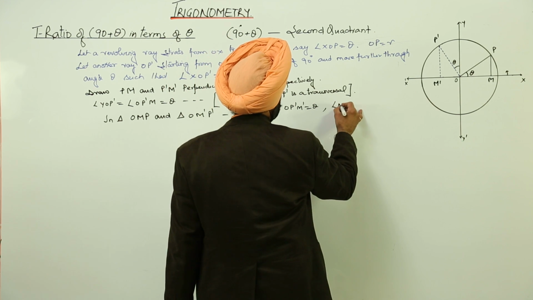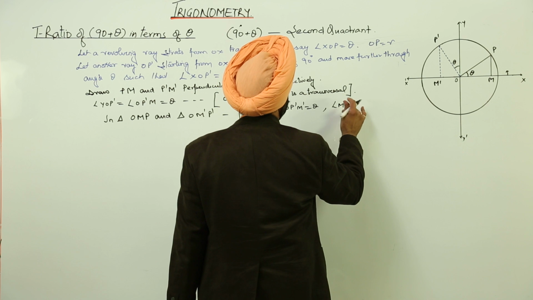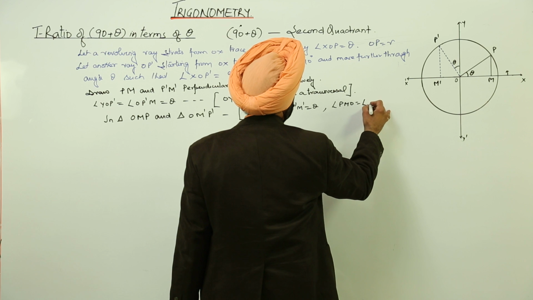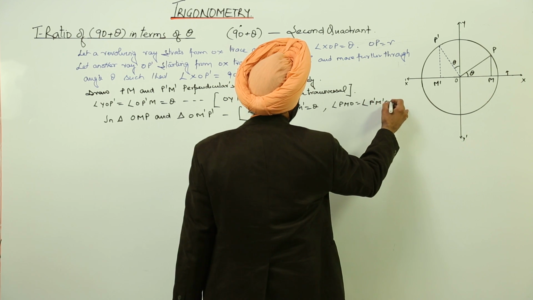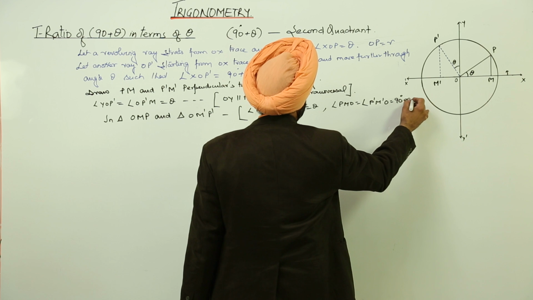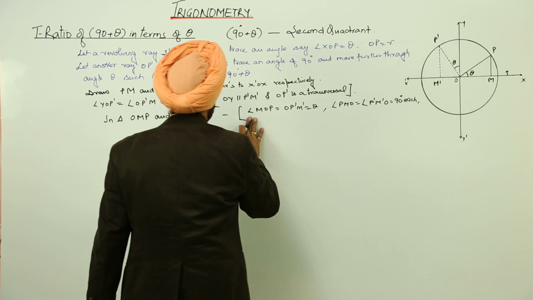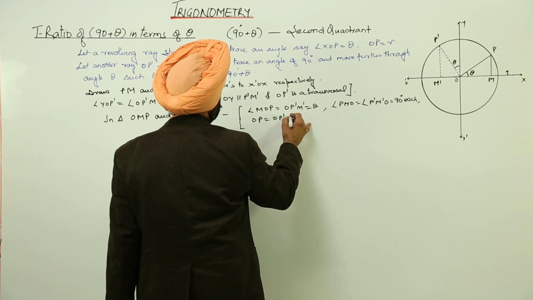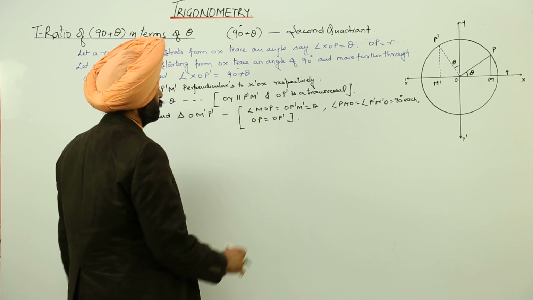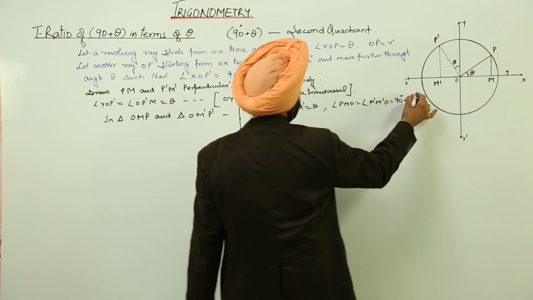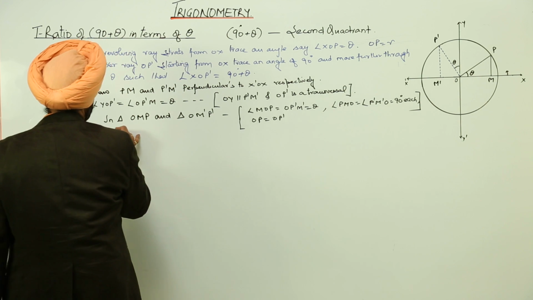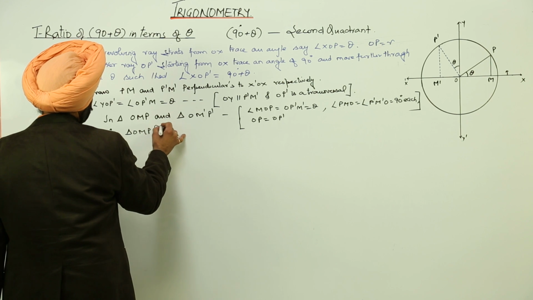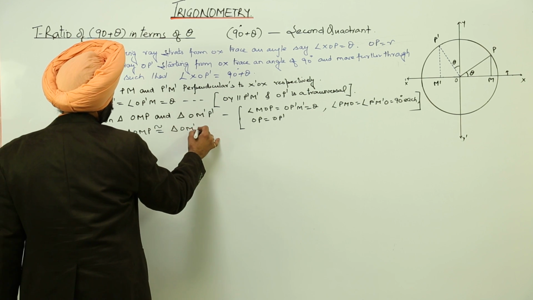Then angle PMO is equal to angle P dash M dash O, which is 90 degrees each. OP is equal to OP dash. Therefore, triangle OMP is congruent to triangle OM dash P dash.